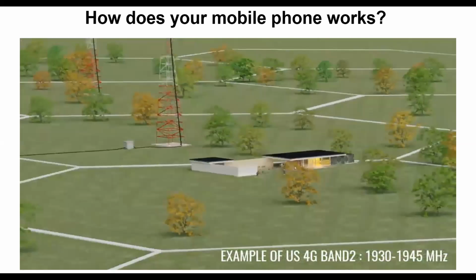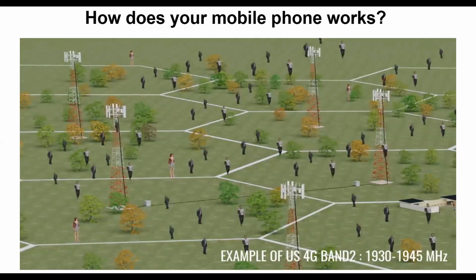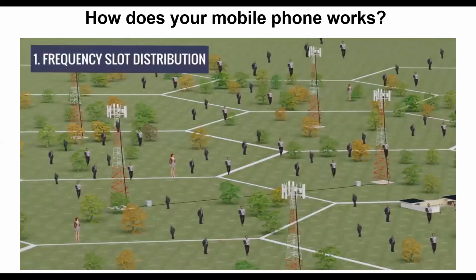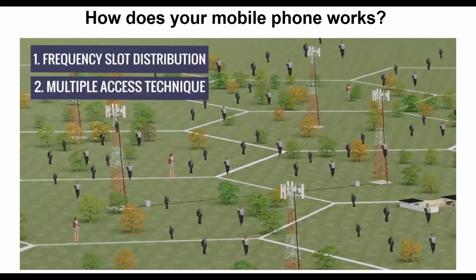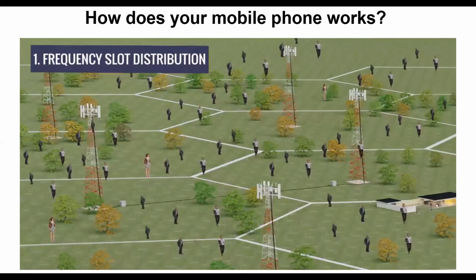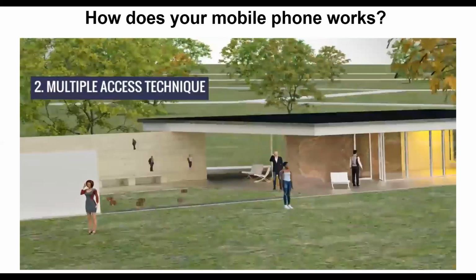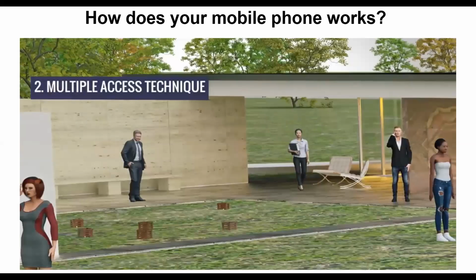This issue is solved with the help of two technologies: 1. Frequency slot distribution, and 2. Multiple access technique. In the first technique, different frequency slots are carefully allocated to different cell towers. In the multiple access technique, this frequency slot is efficiently distributed amongst all the active users in the cell area.